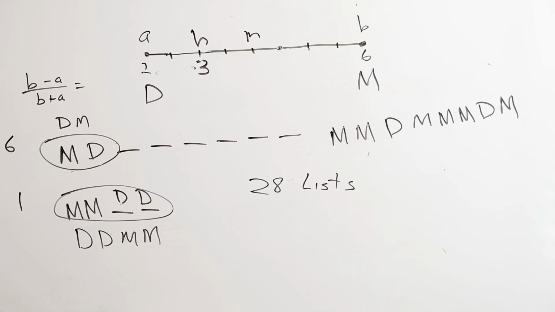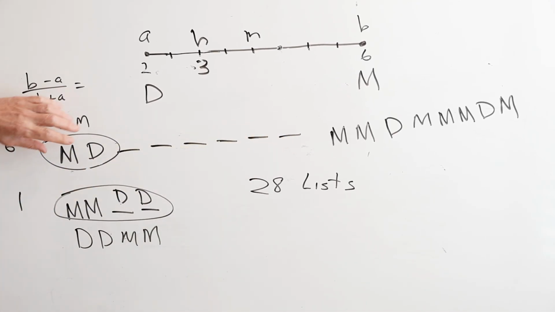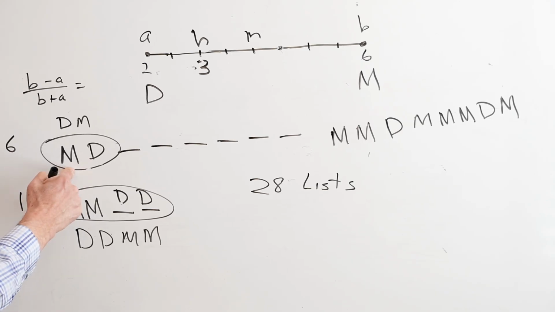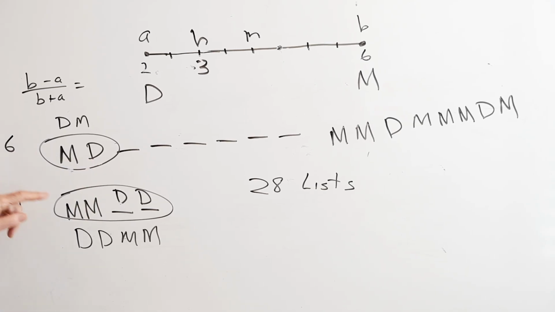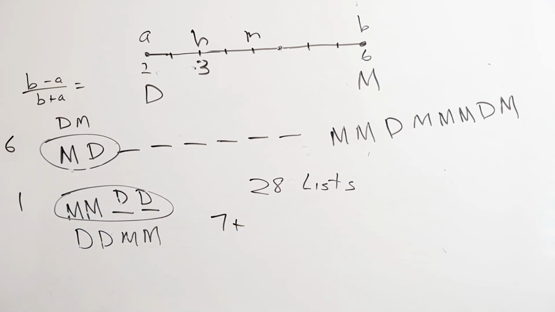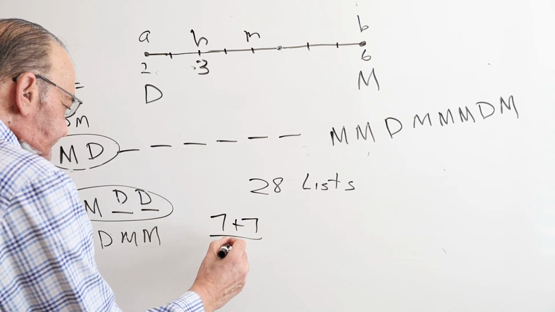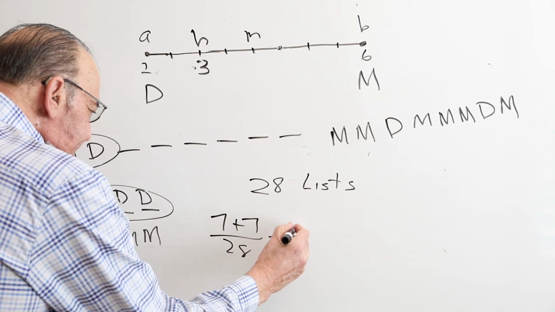Now, why did that happen again? Because you can take any of these 6 bad lists and switch this M and this D. Or you can take this bad list and switch MMDD to DDMM. So you start with 7 bad lists, and then you get 7 more bad lists, which is 50%.